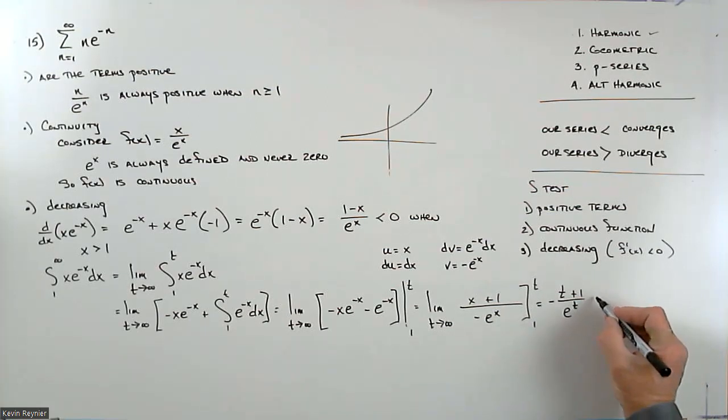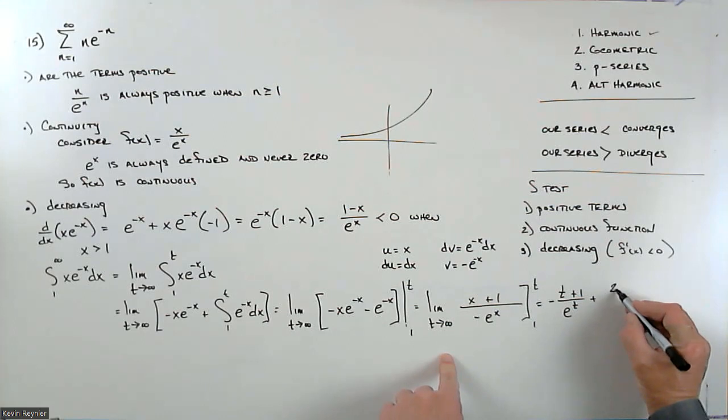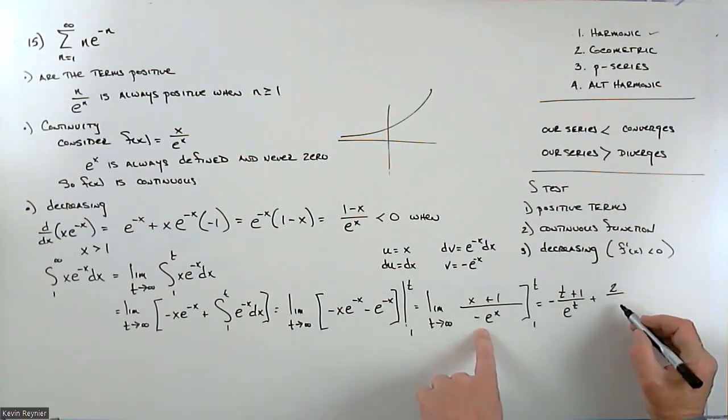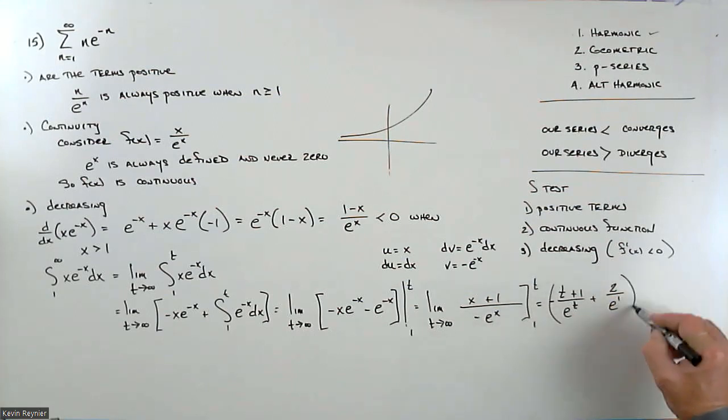And then we have minus, but we also have a minus here, so we have plus, and we put a 1 in here, and we get 2 over e to the first. Now remember, this whole thing is as t goes to infinity. That's what we're going to do here. T goes to infinity.